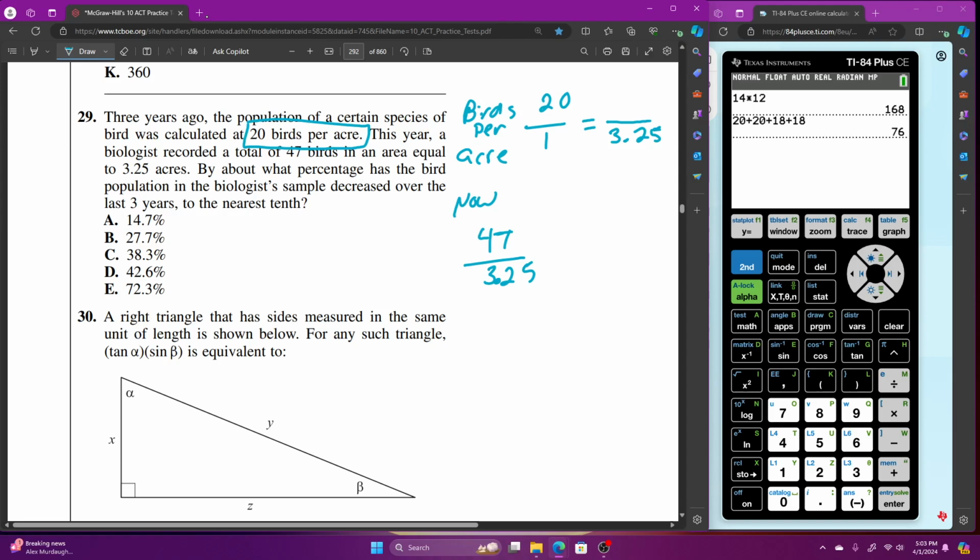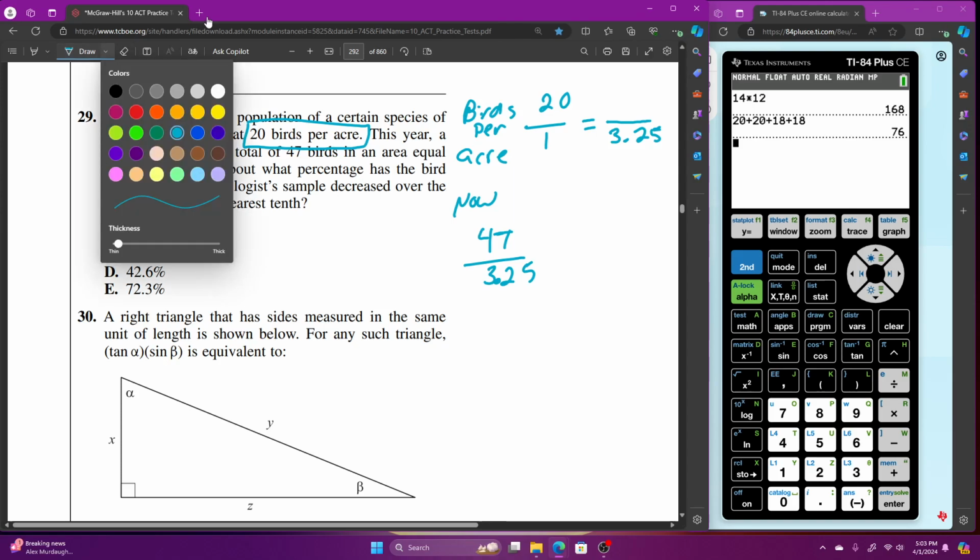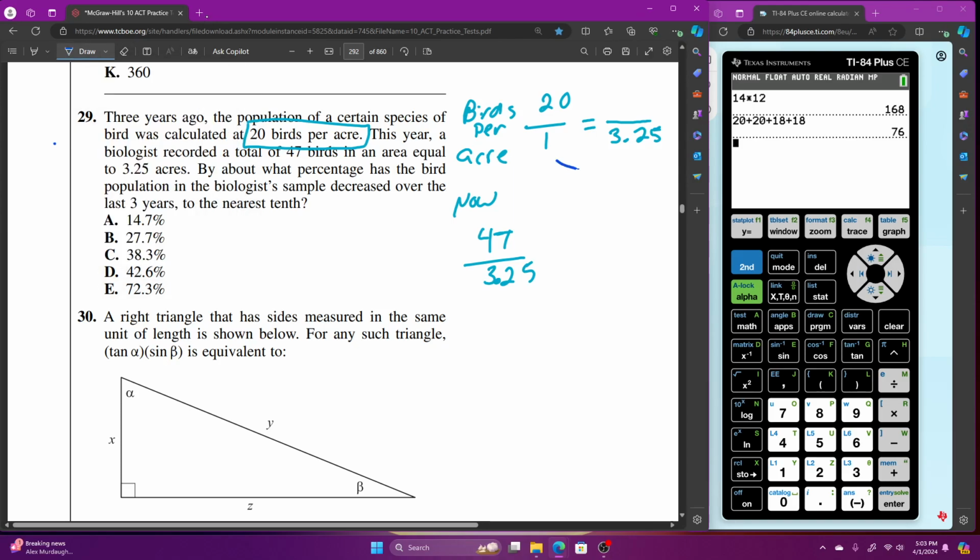If 1 turns to 3.25, how did it get there? We multiplied by 3.25. And whatever you do to the denominators at the bottom, you have to do to the top.